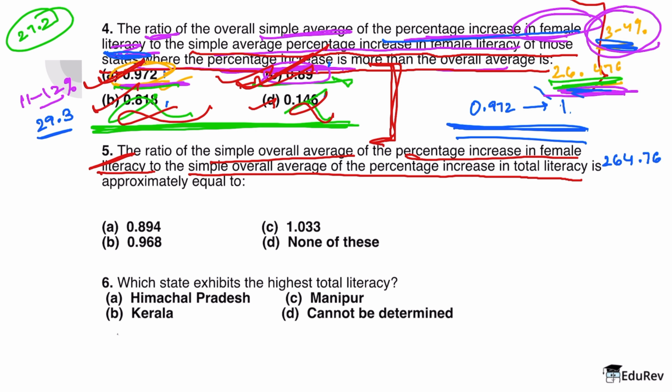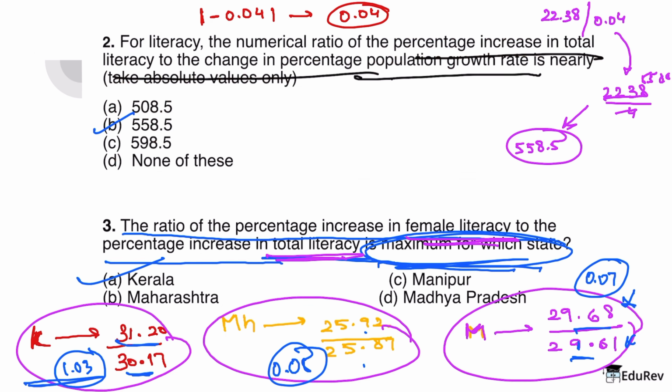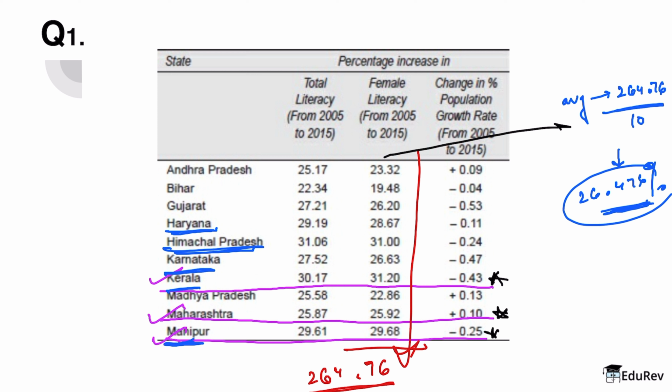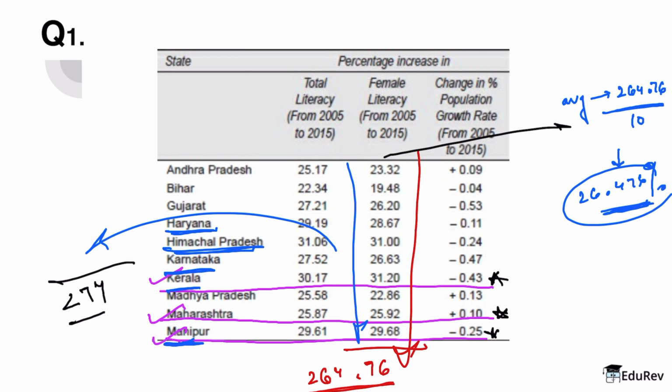264.76. Okay, now the approximate total of the total literacy column is what? So we'll go back. So this is my total literacy column. What is the approximate total of this column? It comes out to be, I would say, 274. Correct.